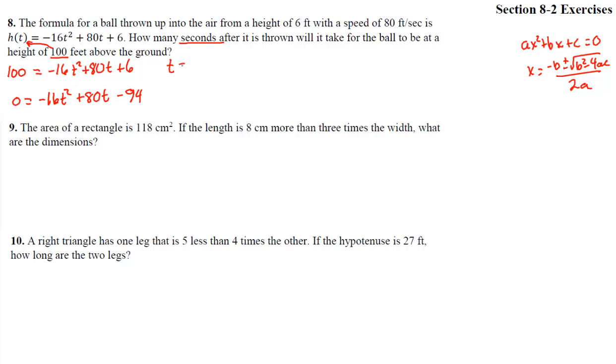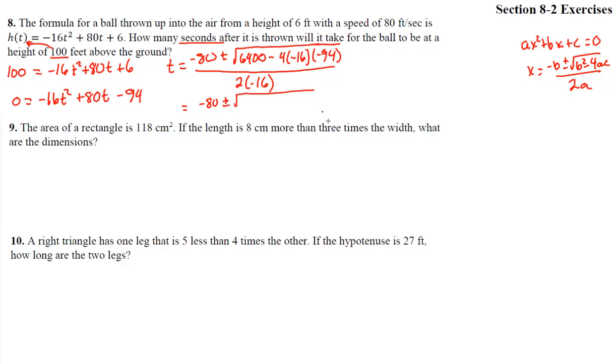t equals negative b plus or minus square root b squared minus 4ac, all over 2a. Wow, that's a big number. Let's see if it simplifies down a little bit. Negative 80 plus or minus, and then let's plug this in.